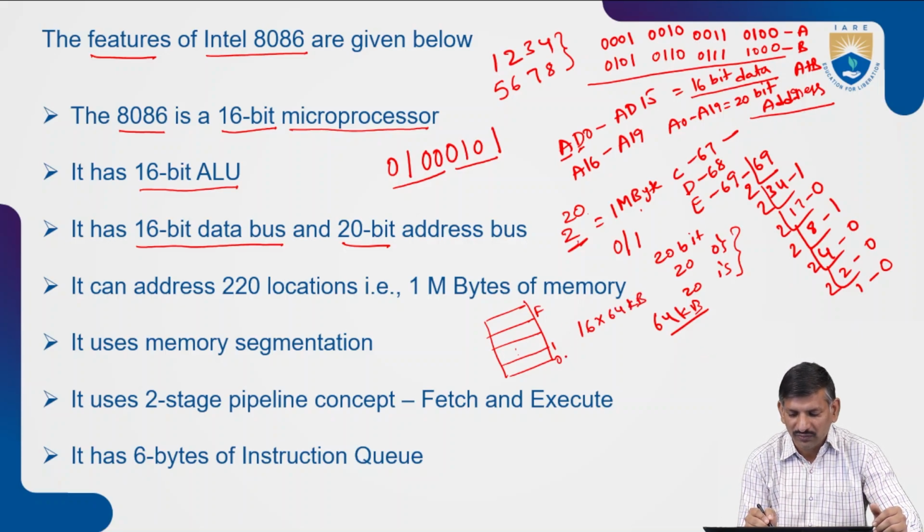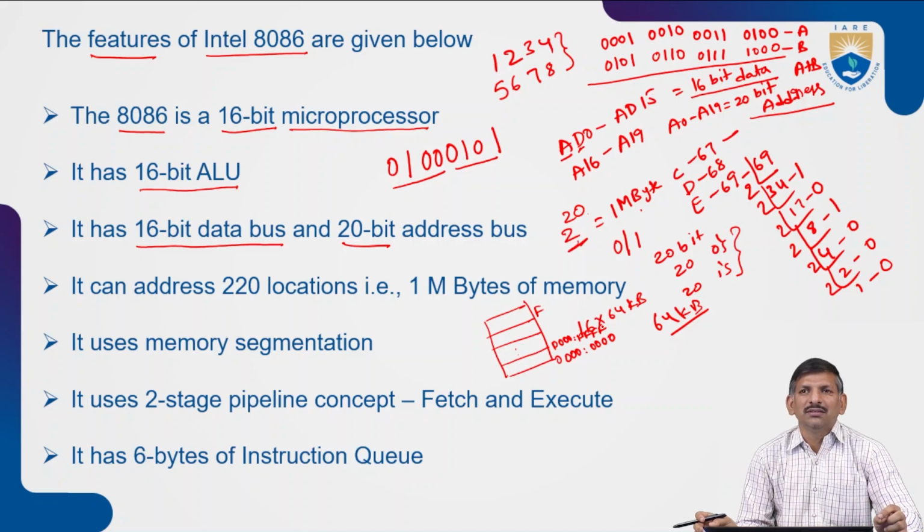The address range is 4 zeros to 4 Fs. Okay. So what is the advantage?